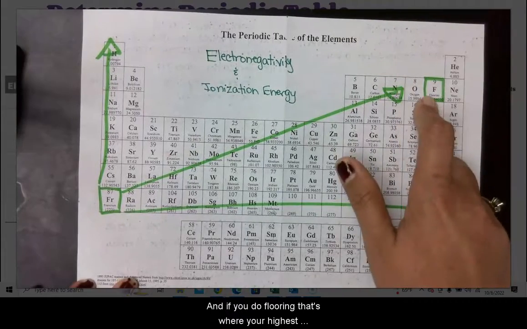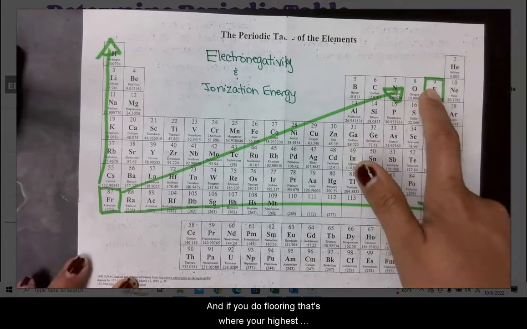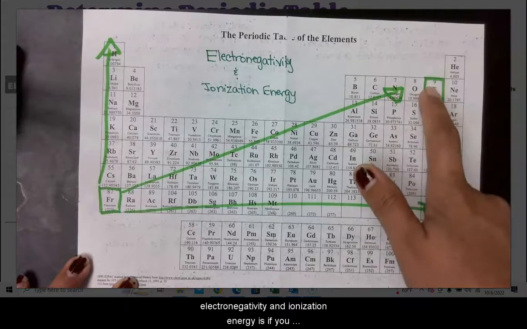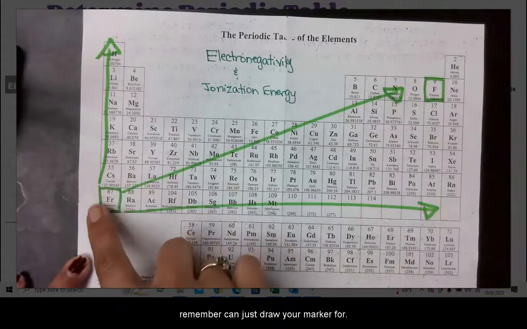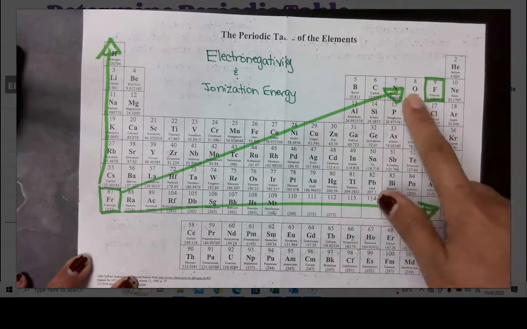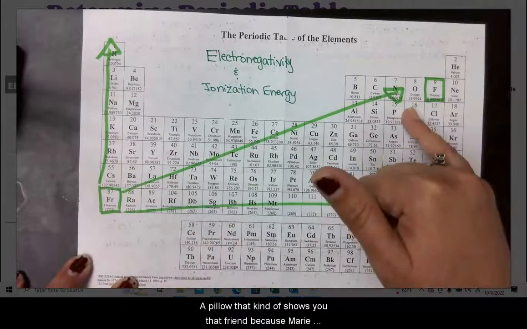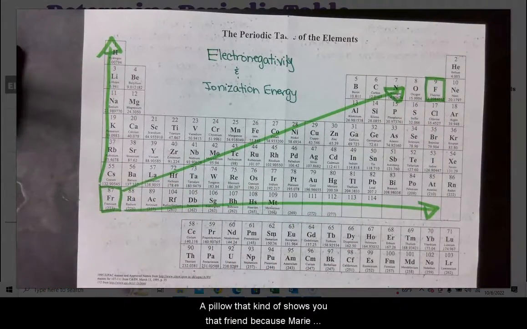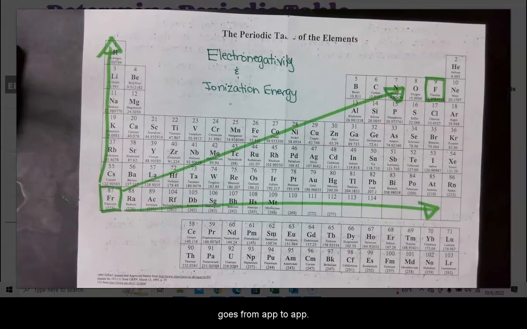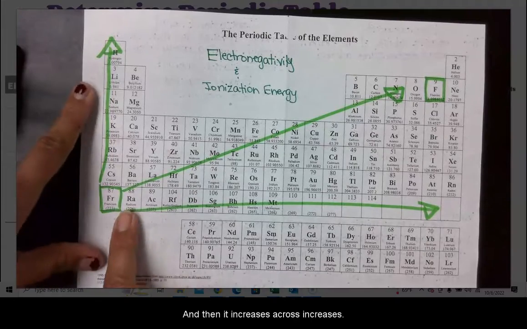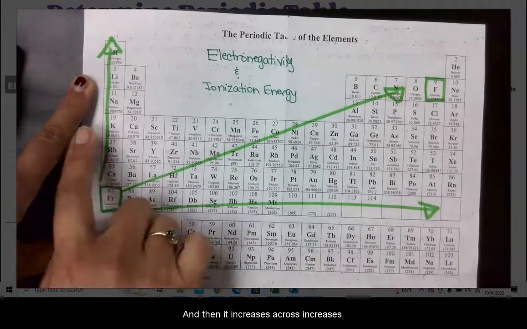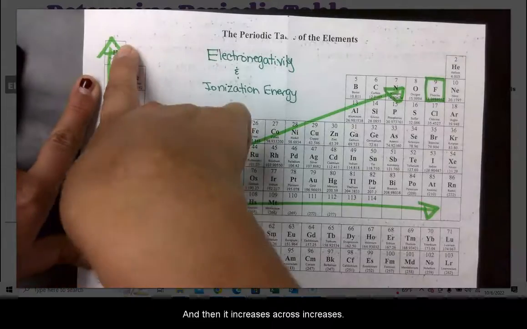And if you box fluorine, that's where your highest electronegativity and ionization energy is. If you just draw your marker from francium to fluorine as an up arrow, that shows you the trend. It goes from F to F, and it increases across this way, and this one actually increases up columns.